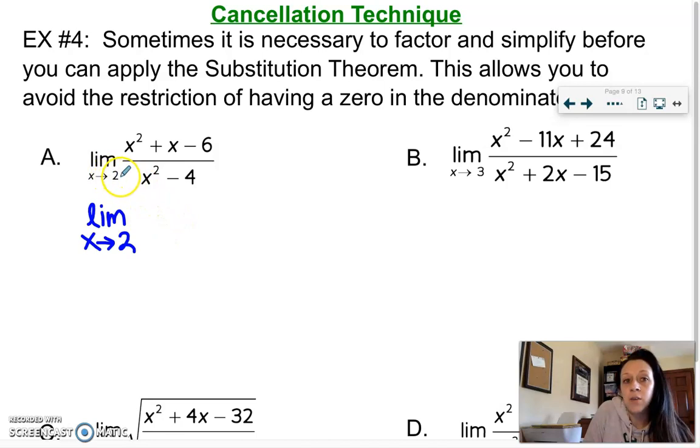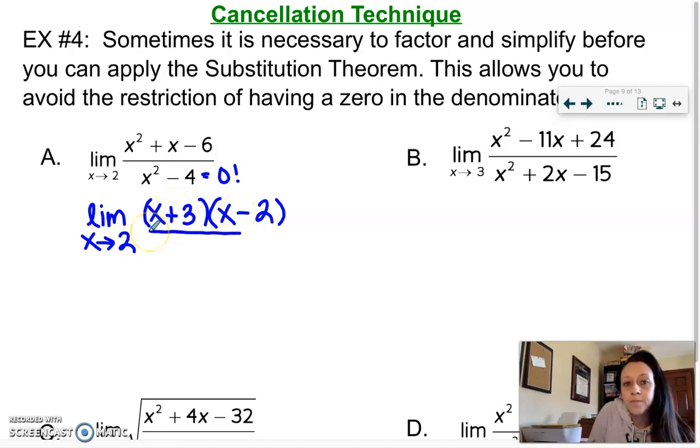So right now I can tell if I plugged in 2, I would get a 0 in the denominator. So I have to stop and say, what can I do algebraically to make this simpler? And so what I know that I can do is I can factor. The top will factor to x plus 3 and x minus 2.